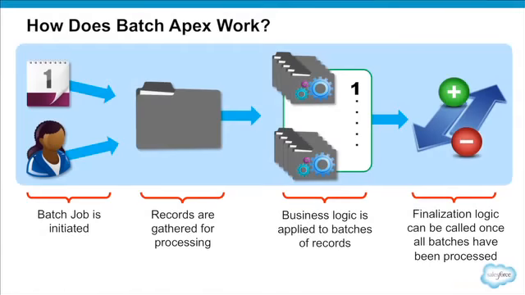How does Batch Apex work? Well, either via a schedule or via a Visualforce controller or execute anonymous, it's going to be initiated. We're going to gather the records that need to be processed, and then we're going to execute that business logic on an iterative basis. So we process in smaller chunks.